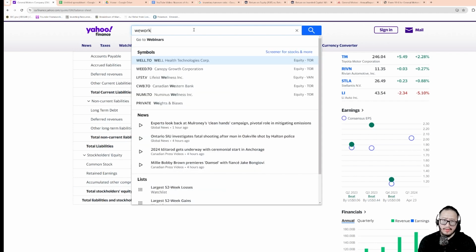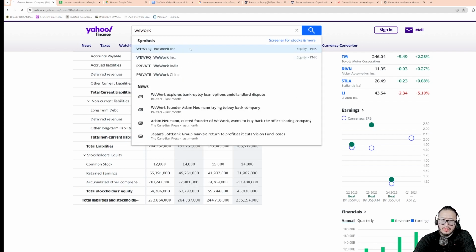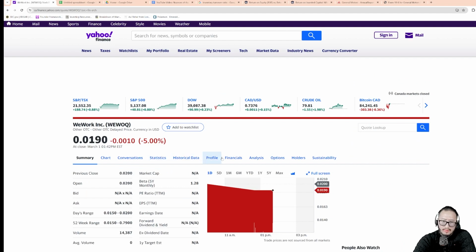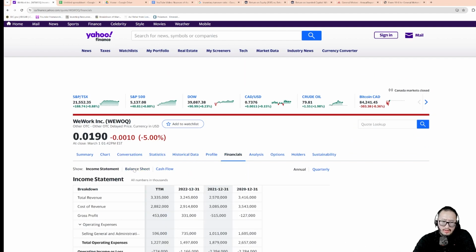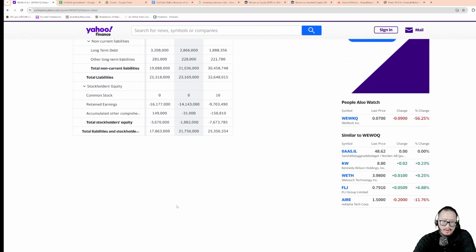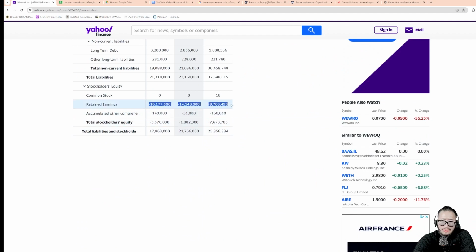However, if we look at that other example that we saw, WeWork, let me just take a look here. We can see that its retained earnings have been consistently trending in the negative direction, which should be a red flag for any investor not to ever invest in a company where their retained earnings are going down every year.